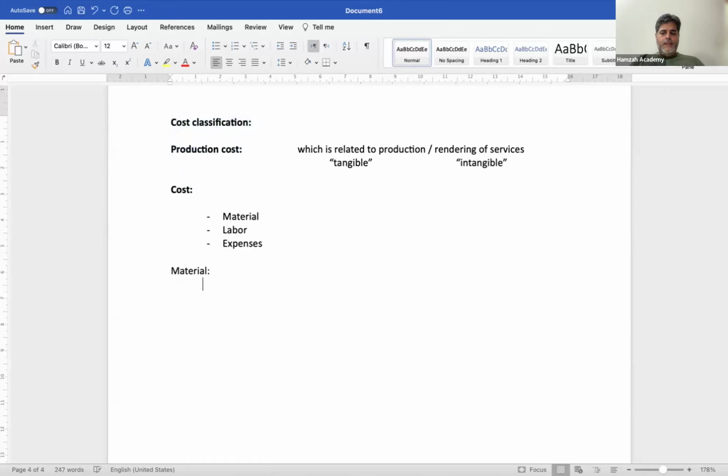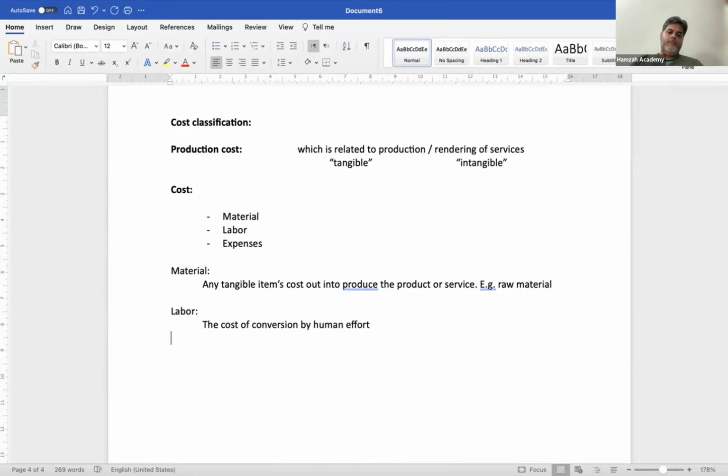Now, material is any tangible items cost put into producing the product or service, like for example raw material. Then we have the labor, the cost of human effort, or we can say the cost of conversion by human effort. This is something more appropriate for the labor, right?